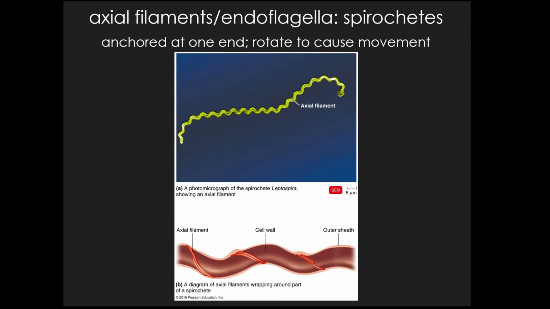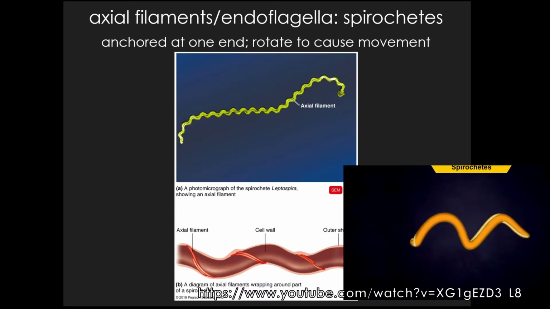Before we do that, though, we want to talk about one more unique thing about bacterial flagella, and that is that some bacteria, spirochetes, have endoflagella, flagella that are inside of the cell.